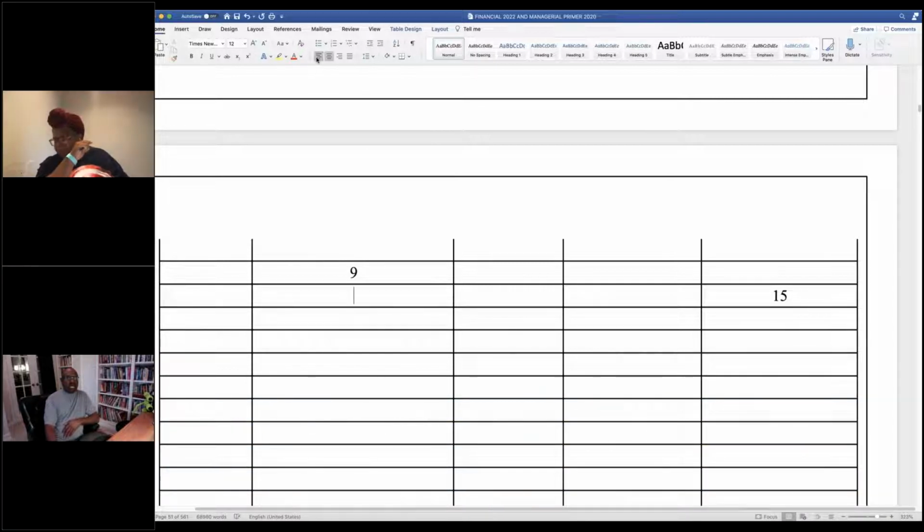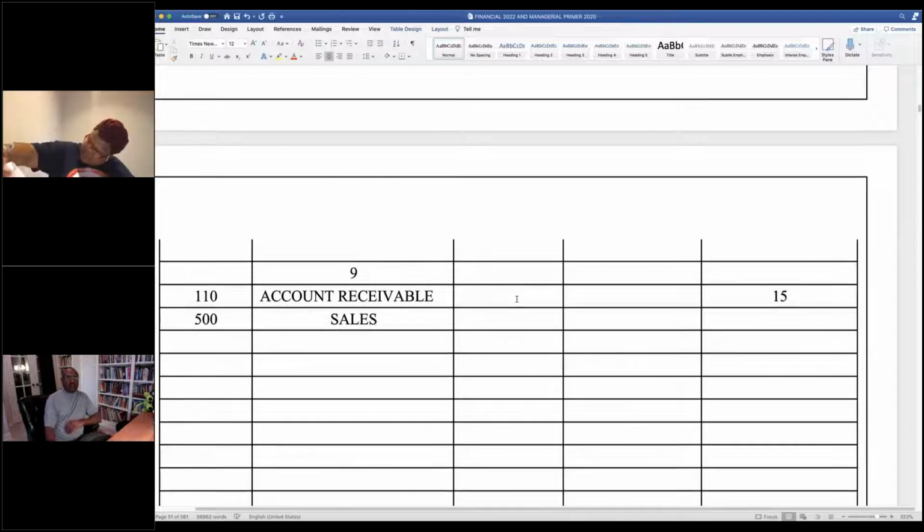We like sales like this, but we're going to debit accounts receivable. We're crediting sales because we've done most of the work. What's the account number for accounts receivable? 110. And sales? 500. And what's our amount? 100,000.